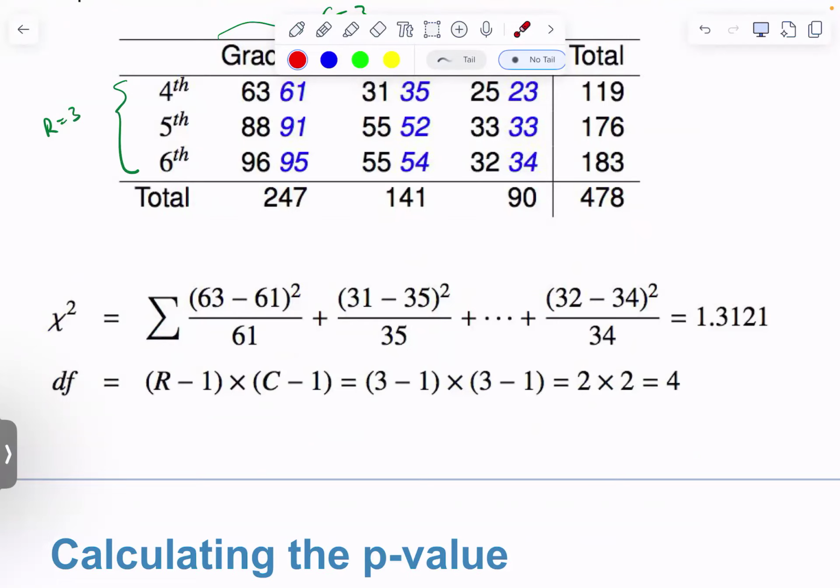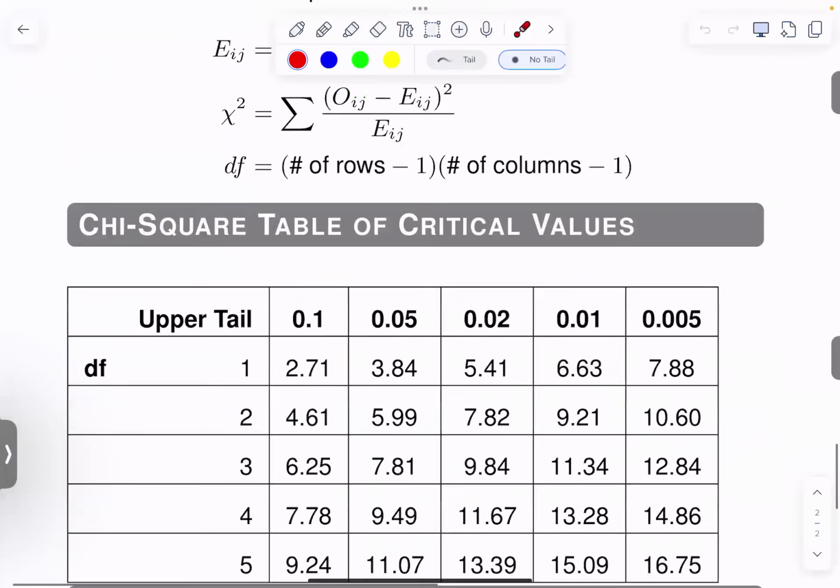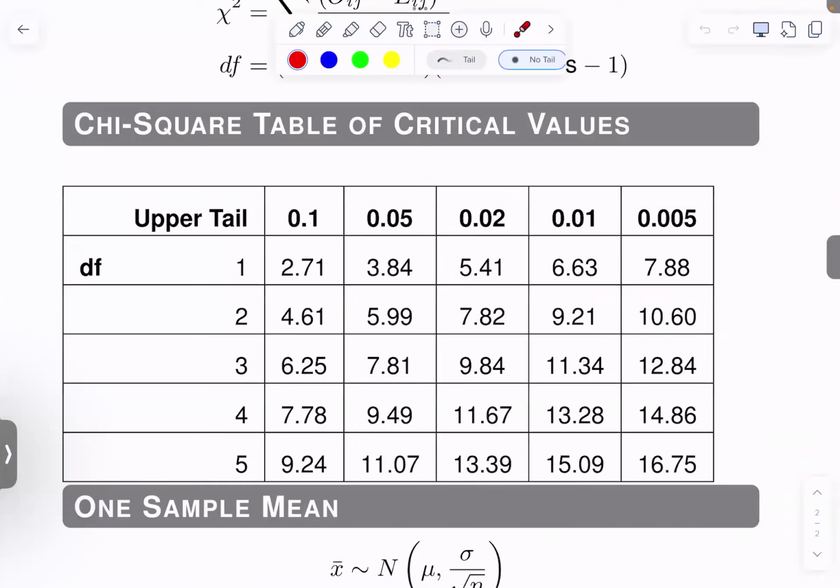Now, one problem that I have with my mini version of the chi-squared table is I capped it at 5 degrees of freedom. Which means what? The largest table that I could possibly give you could be 3 by 3.